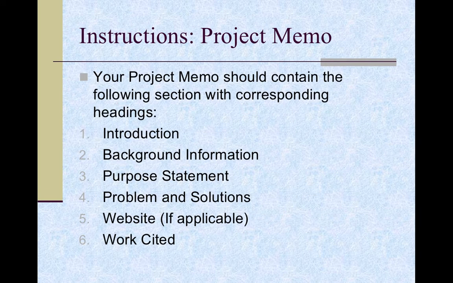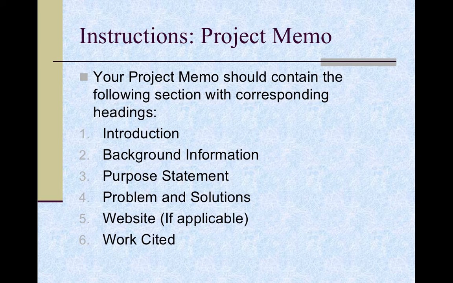So, in conclusion, your memo should contain the following sections with corresponding headings. You should have a section that has a heading Introduction, which is then followed by a heading that says Background Information. A third heading, Purpose Statement.